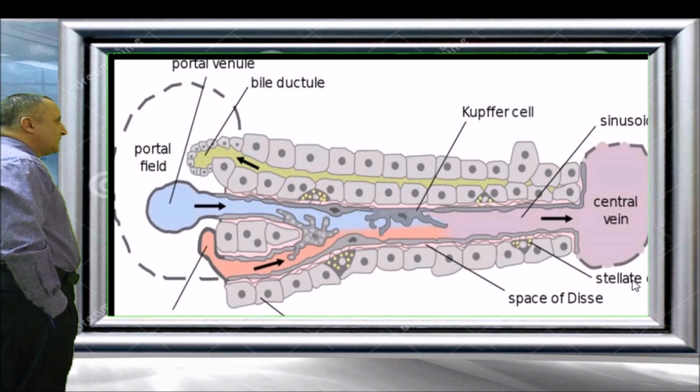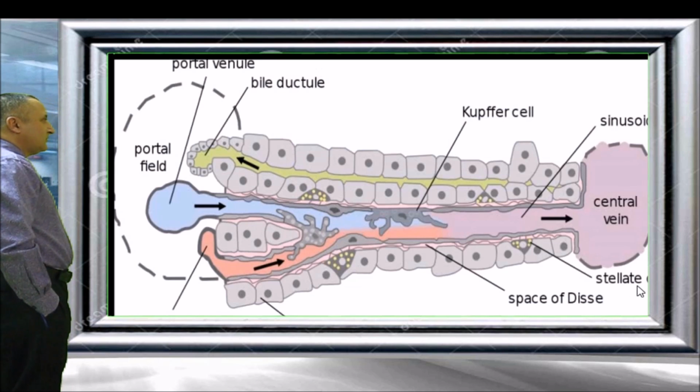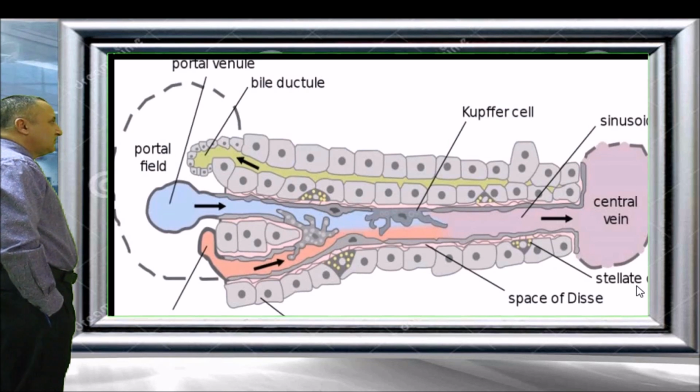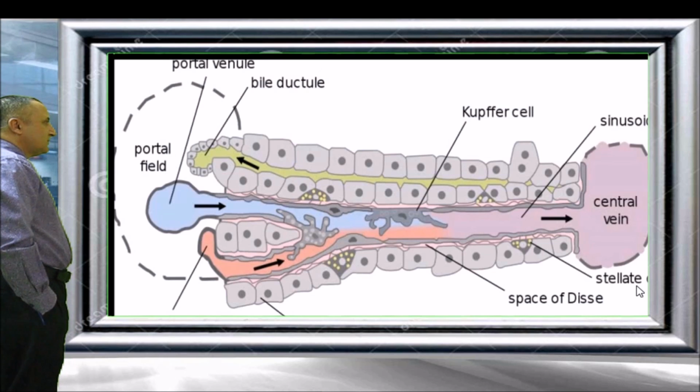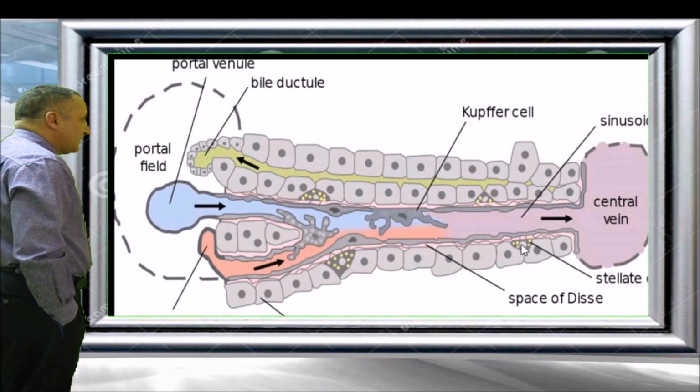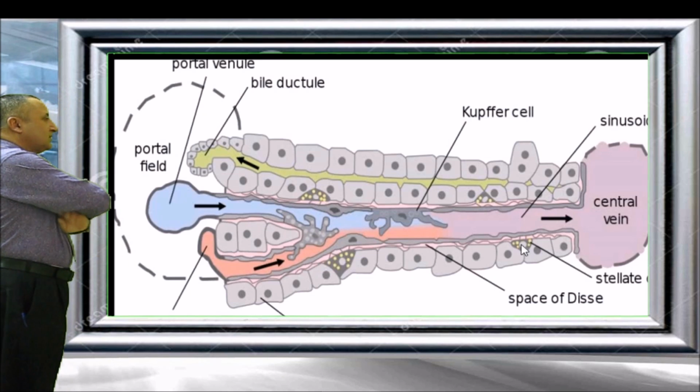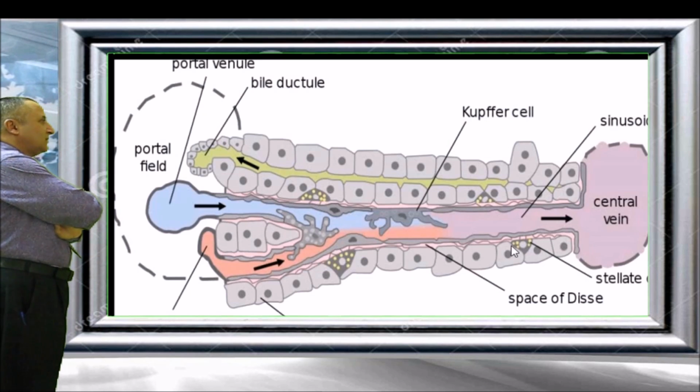The satellite cells or the Ito cells are irregular and lie within the hepatic plates between the bases of hepatocytes. They are difficult to differentiate from sinusoidal lining cells.